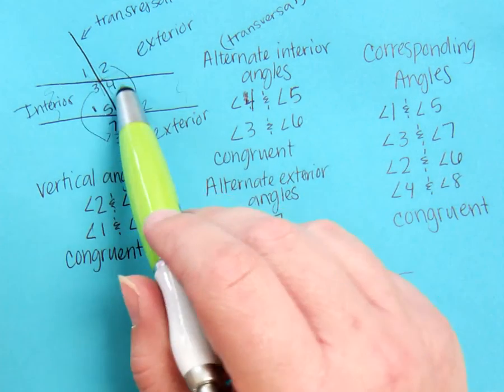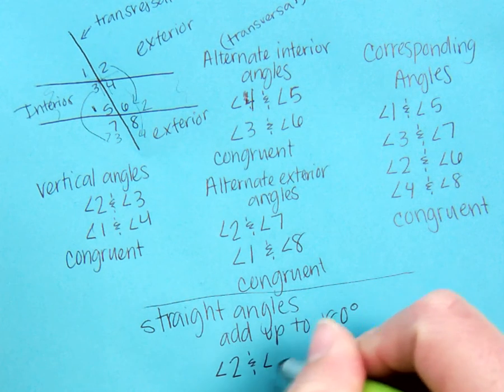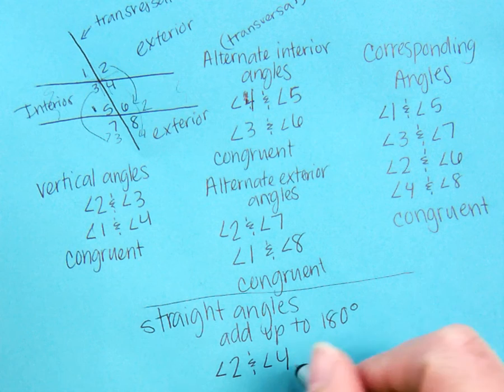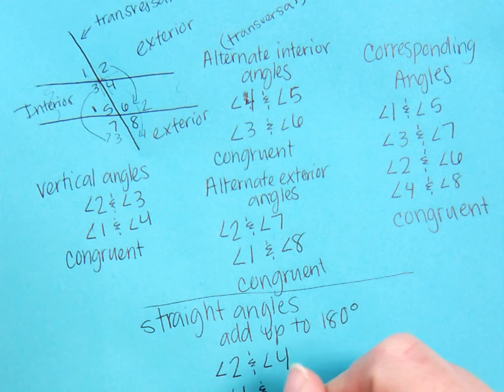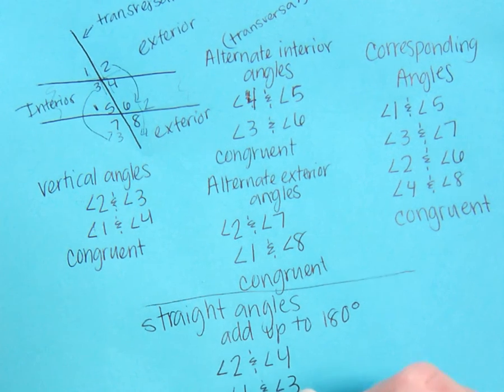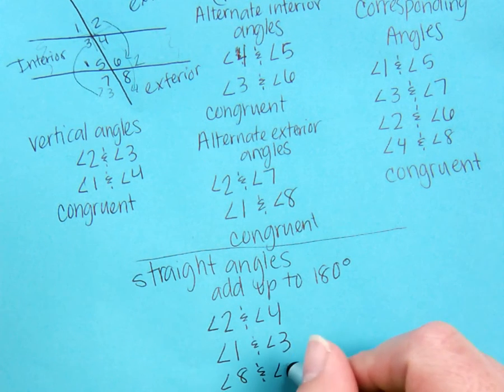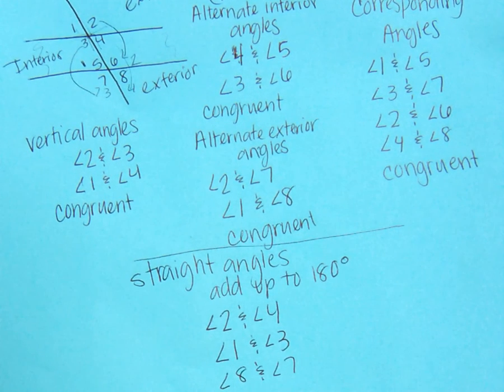So there are several examples of this. You could have angle 2 and angle 4, angle 1 and angle 3. You could say angle 8 and angle 7. All of these are examples of straight angles.